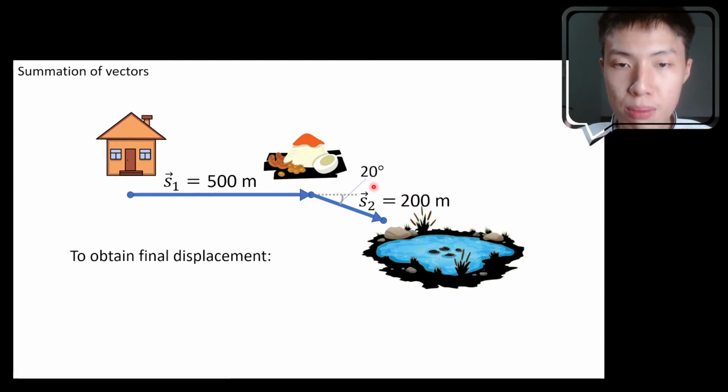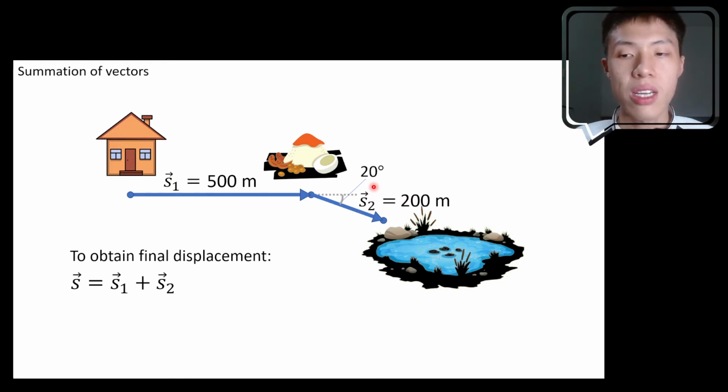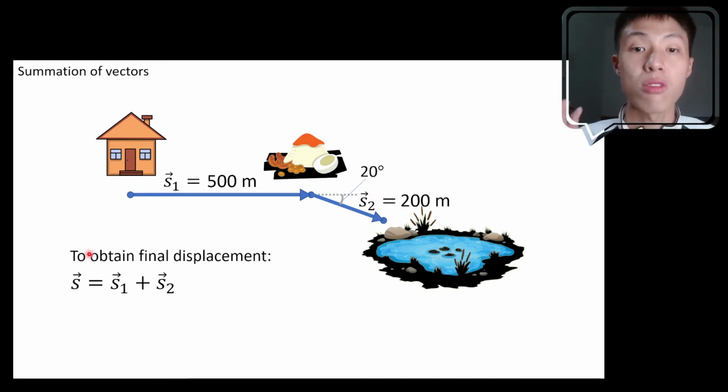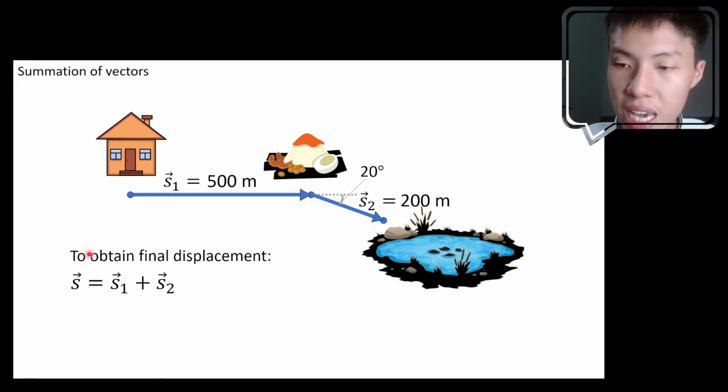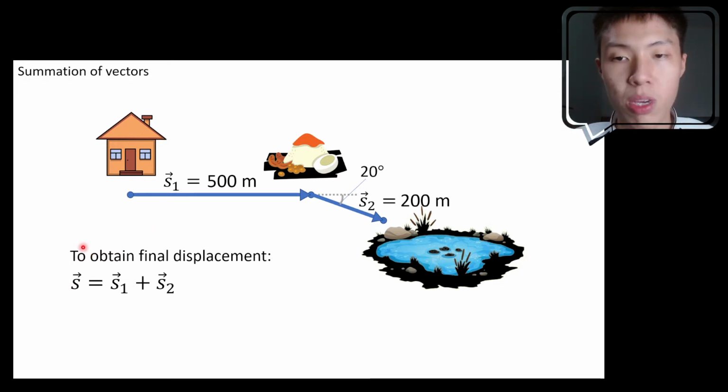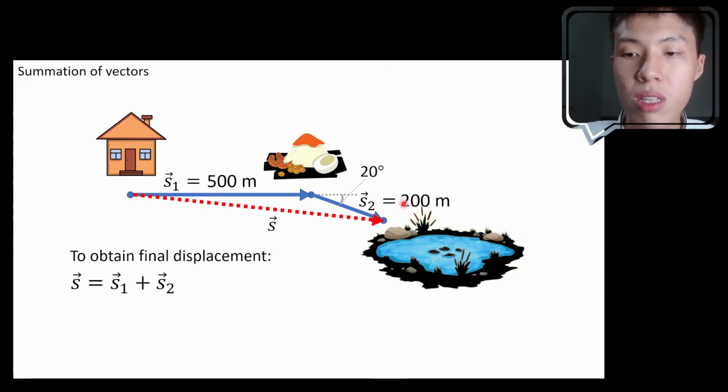If you sum up both vectors, you should be able to obtain the final displacement, which is S. If I want to draw this S here on the picture, it probably be like this. This dotted red arrow here is representing the total displacement or the final displacement S.